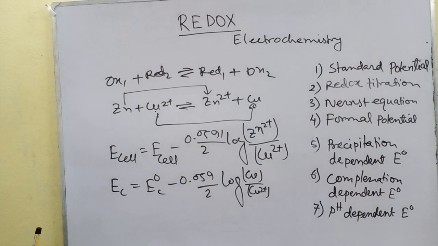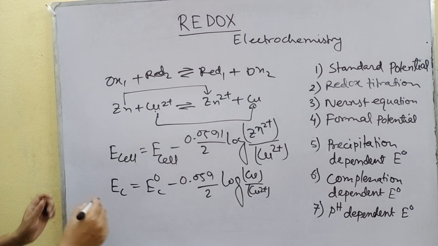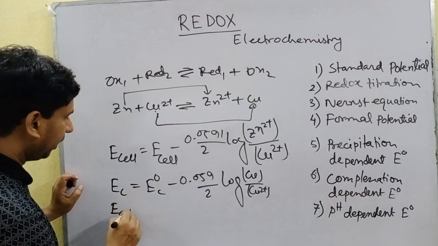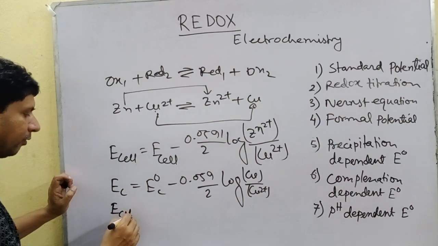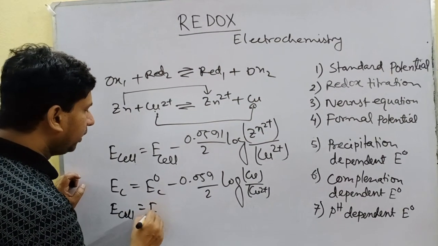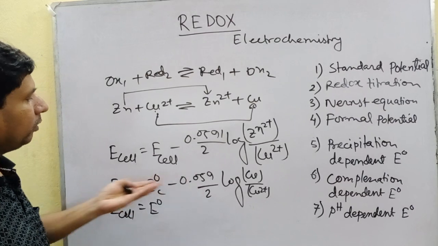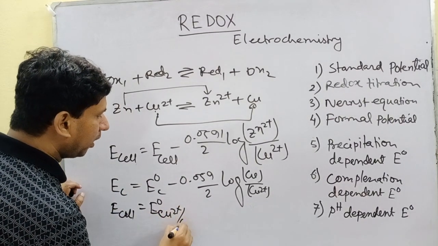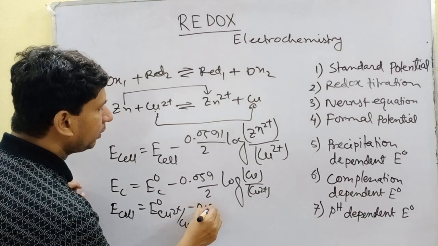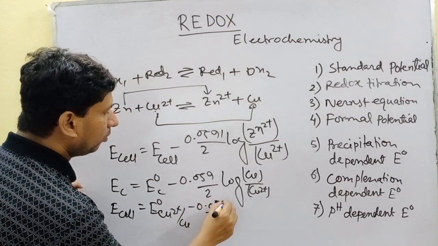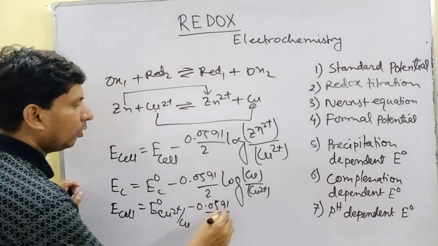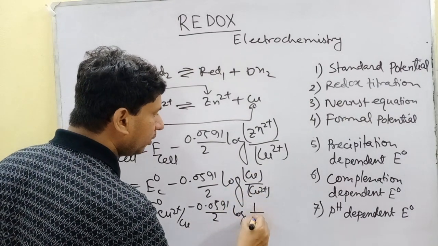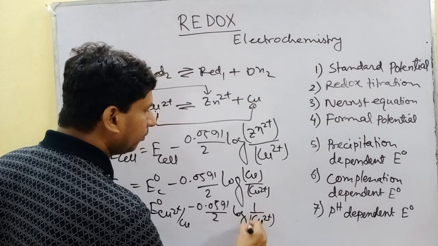Okay, now we can write it in this way: E cell, this is the half cell actually, E cathode or E half cell equals E0 of copper 2 plus to copper minus 0.0591 by 2 log, and here this is 1 by copper 2 plus only.